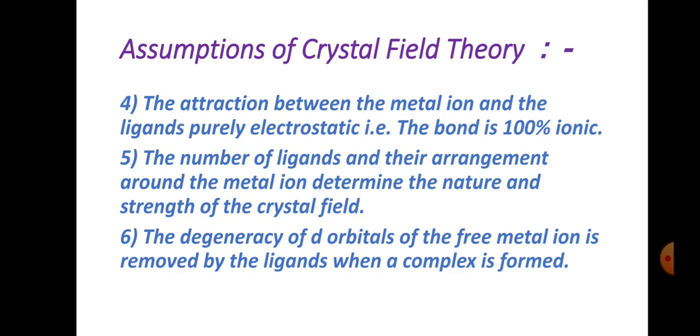Fifth, the number of ligands and their arrangement around the metal ion determine the nature and strength of the crystal field. And the last assumption is that the degeneracy of d orbitals of the free metal ion is removed by the ligands when a complex is formed.